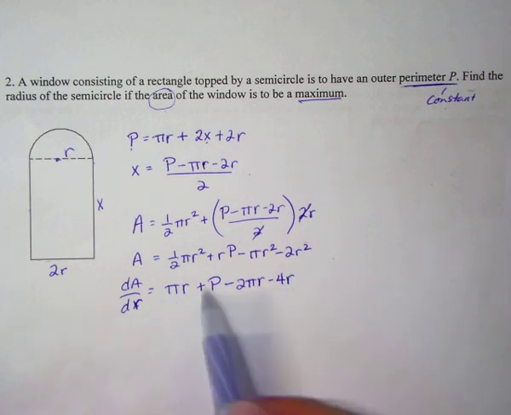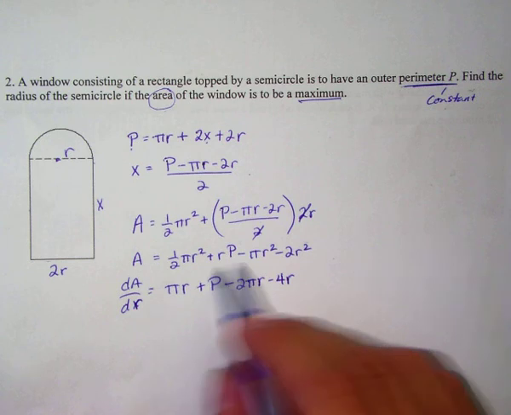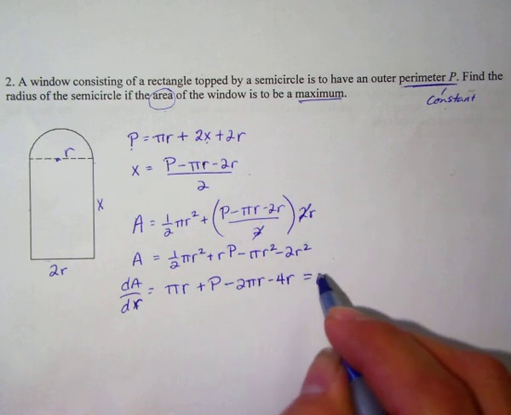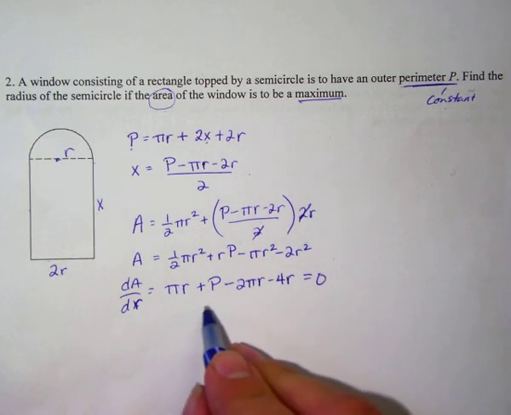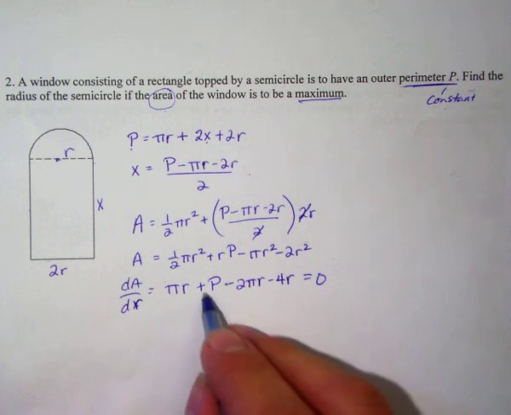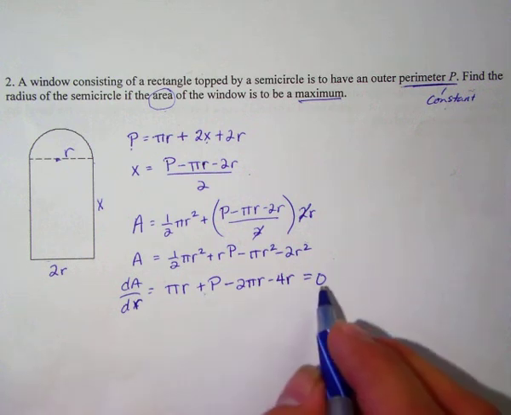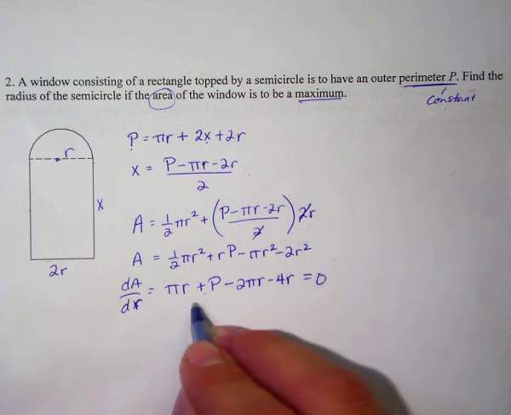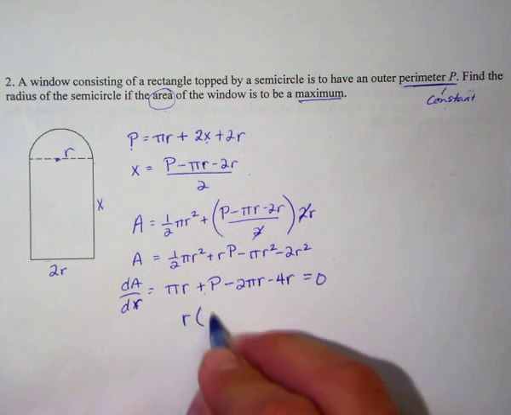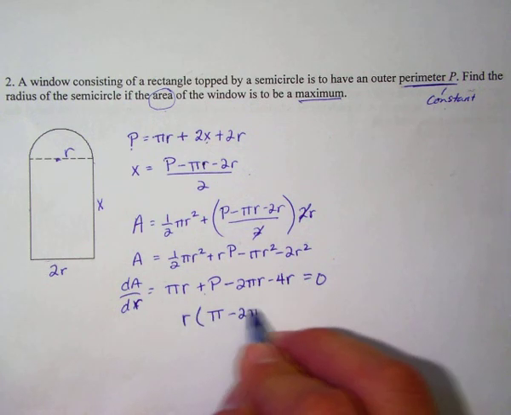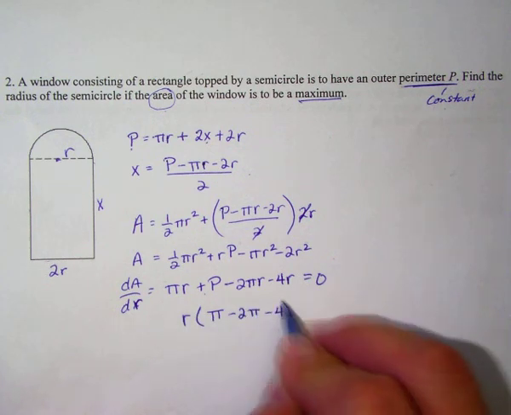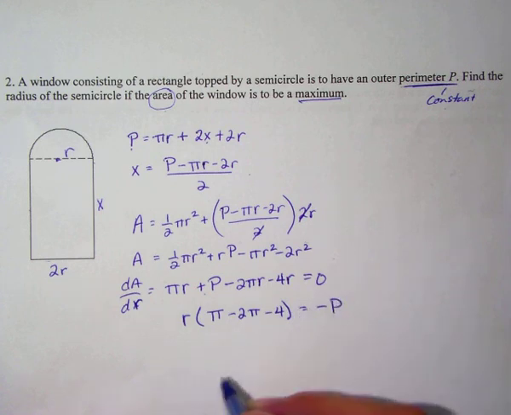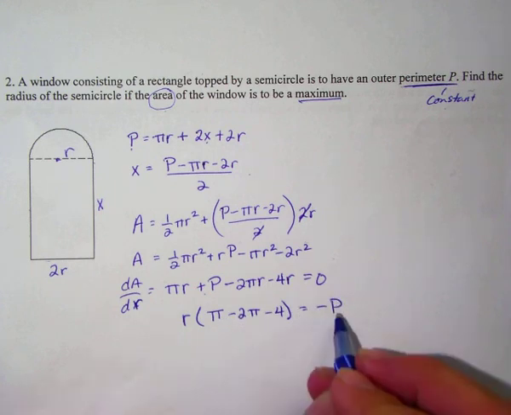Since this is what we want to have maximized, we're going to take that derivative and we're going to set that equal to 0. And we are going to move the p over and factor out an r. So when I do that, it's going to look like this. R pi minus 2 pi minus 4 equals negative p. Divide everything over.